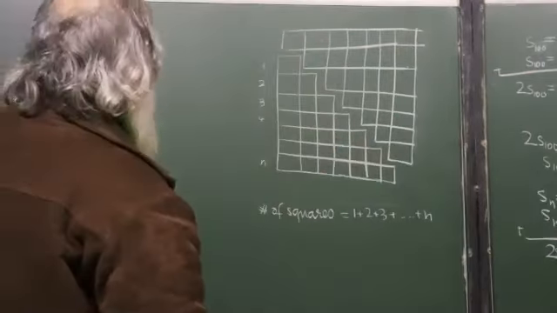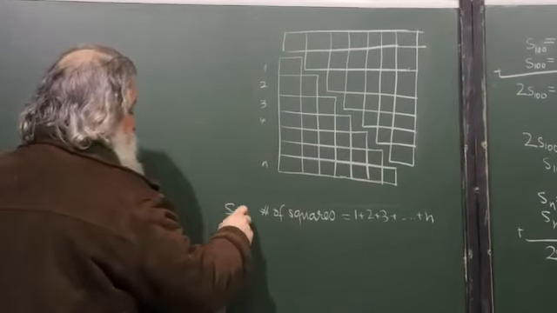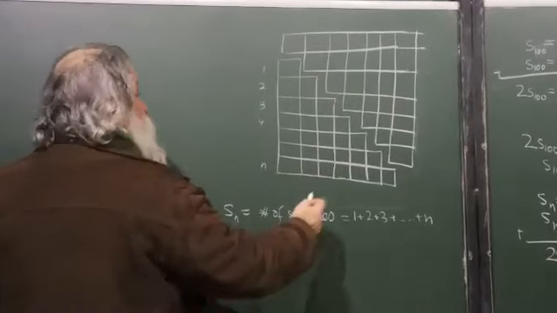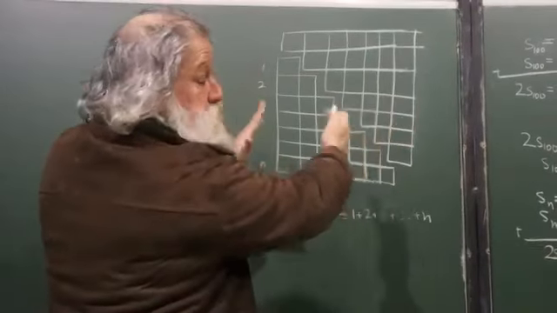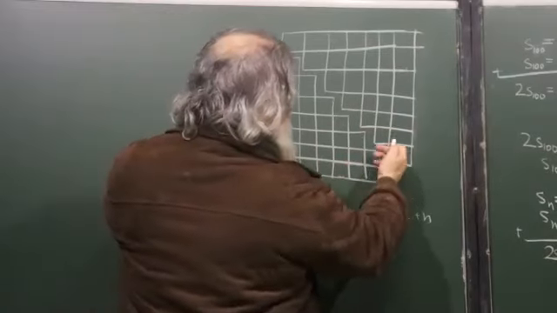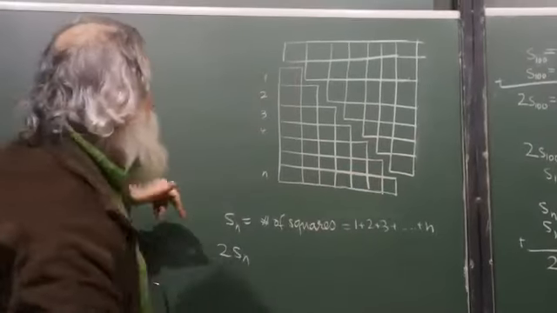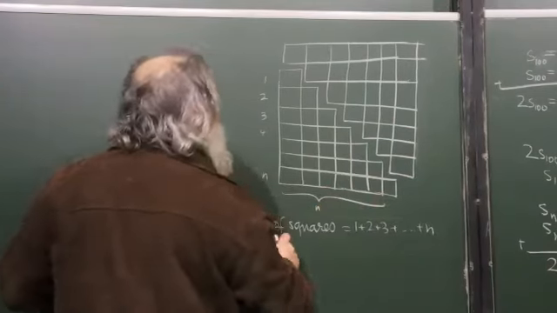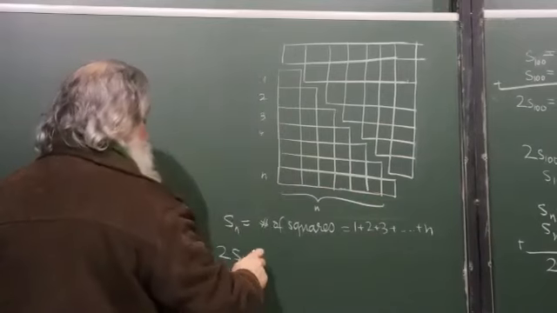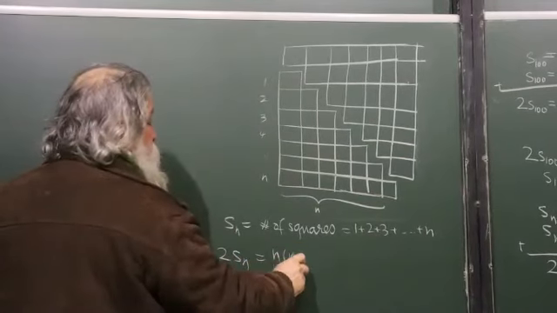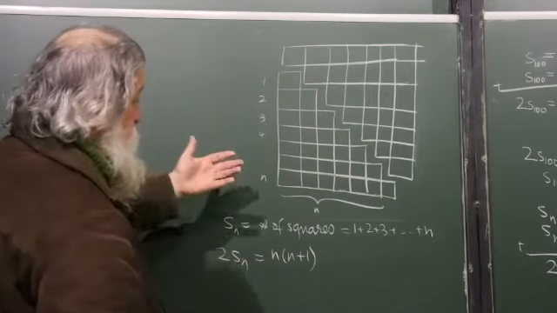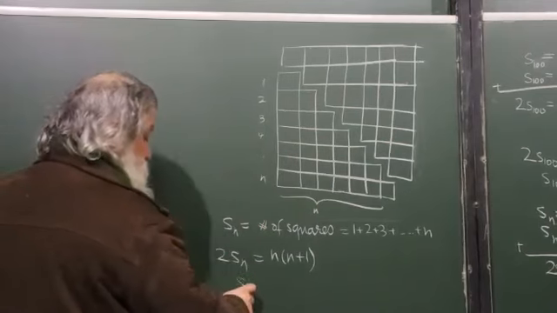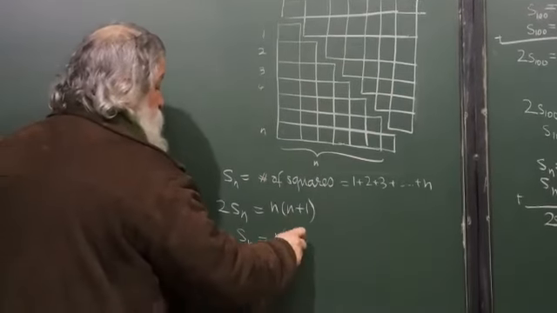Let's call this Sn. I have another Sn here, so I have two Sns. When you put this together, make it touch here, you get a rectangle with n pieces here, and here you will have n plus 1, n times n plus 1 small squares. So Sn is equal to n times n plus 1 over 2.